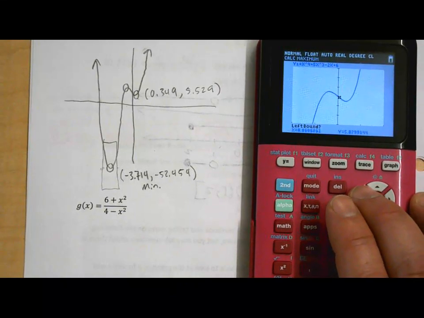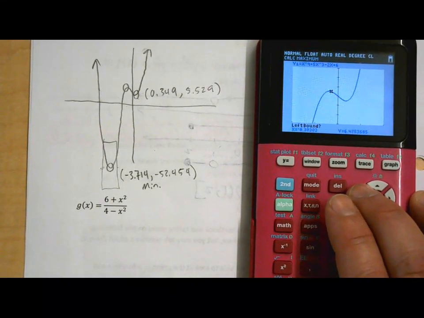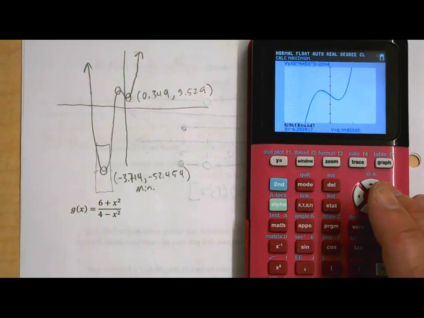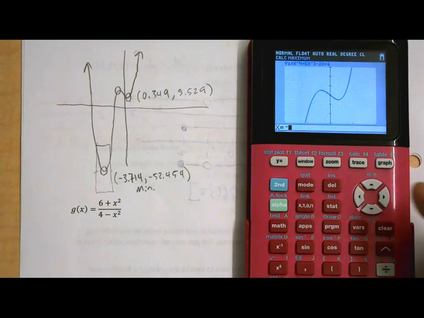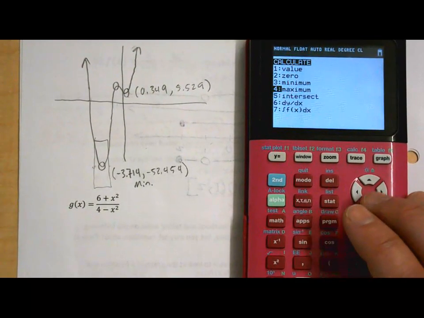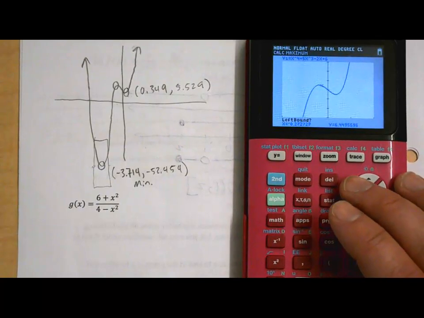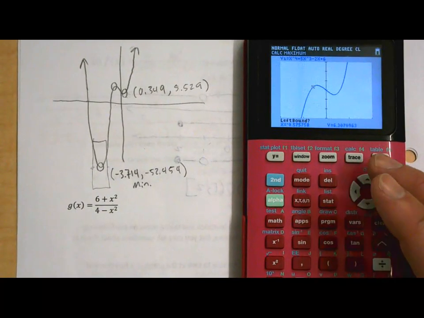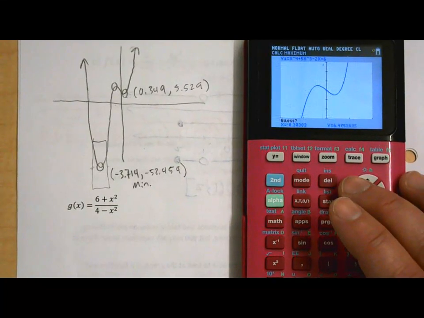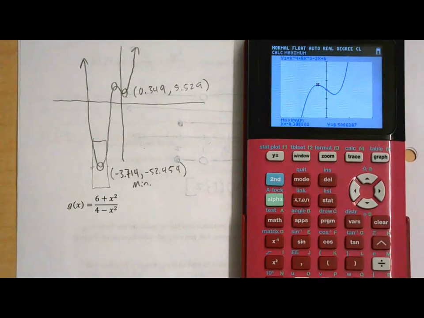So move your cursor a little to the left. Little to the right. Oops, that's not what I meant to do. Can I recover here? I think I have to start again. A little to the left. A little to the right, and then right on top of it and hit enter.